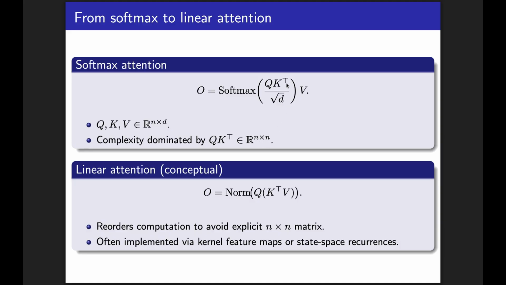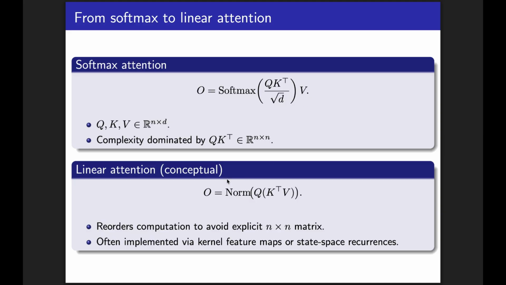Why? Because from the formula of the softmax attention, we multiply the query and the transposed key, each of which is n by d, and they output a matrix that is n by n. That is where the problem is. This matrix is super big, especially when the sequence length n is very high.